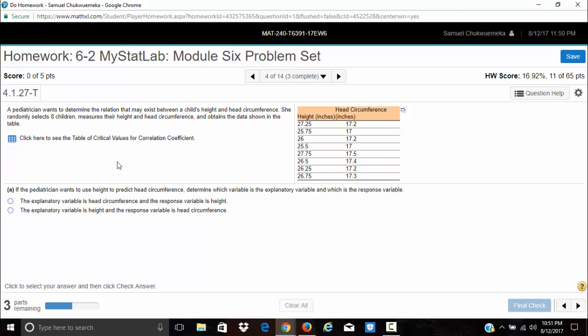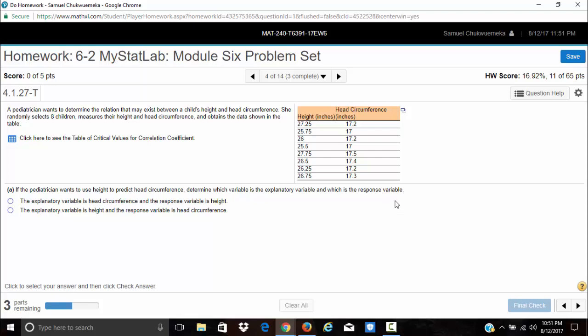She randomly selects 8 children, measures their height and head circumference, and obtains the data shown in the table. This is a table of critical values. A, if the pediatrician wants to use height to predict head circumference, determine which variable is the explanatory variable and which is the response variable.